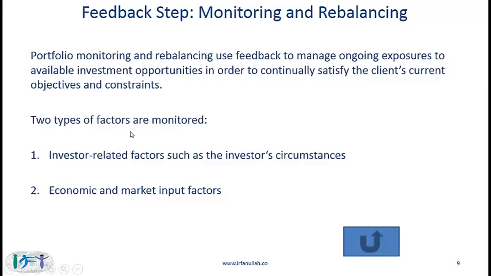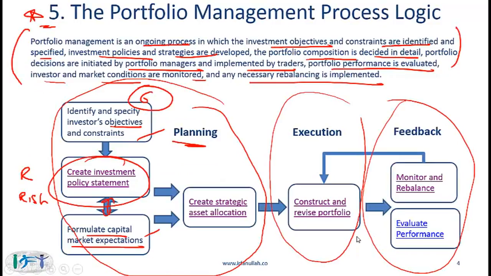And I've already talked about this, but we have two types of factors which need to be monitored: investor-related factors such as investor circumstances, and economic and market input factors. So I've talked about this, so we will move on. Another aspect of this final phase of feedback is performance evaluation.